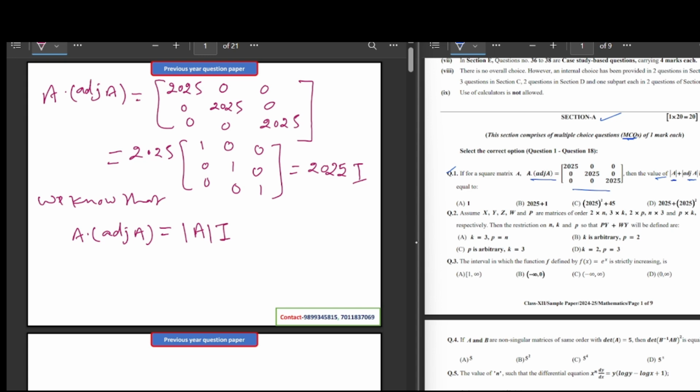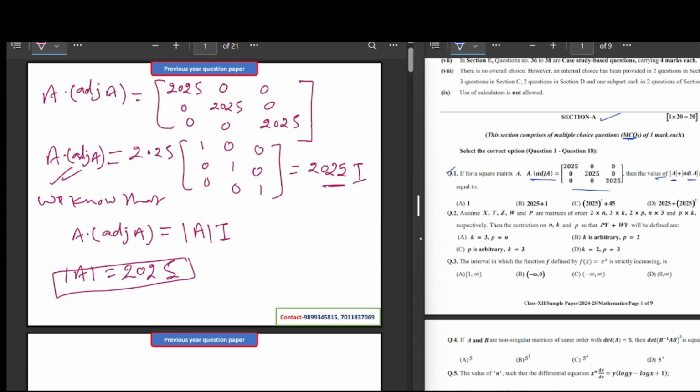If we compare this with the previous one, the left hand sides are equal, so the value of the determinant of A will be 2025. After that we have to calculate the determinant of adjoint A.